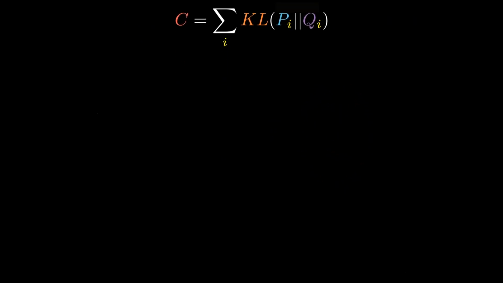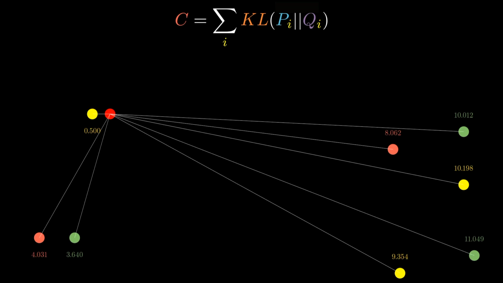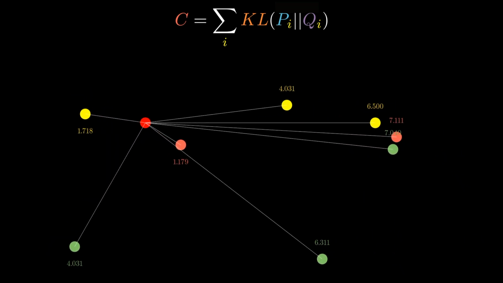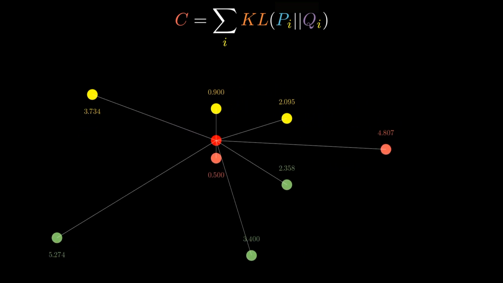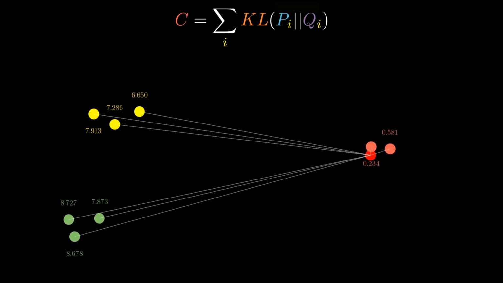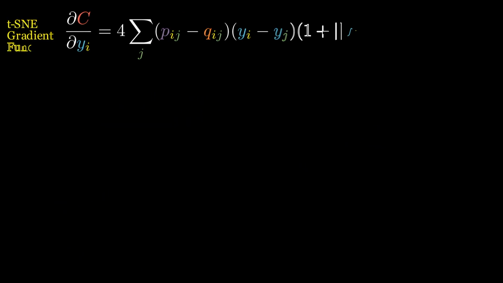We want to nudge our map points around to get the value of our cost function as close to 0 as possible. Therefore, we need to differentiate C with respect to our map points, y_i. When we do that differentiation, we get a very simple and frankly elegant result. This takes the form shown on the screen.